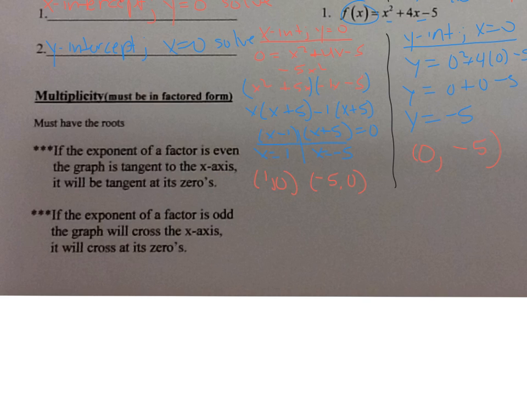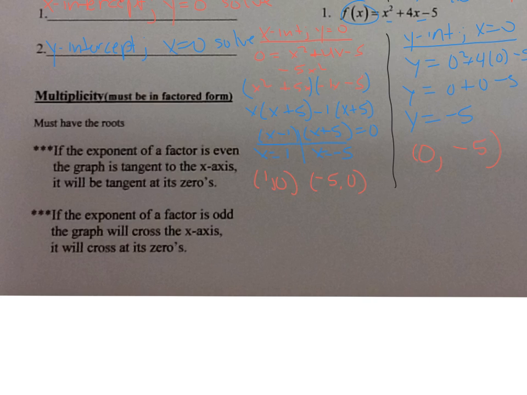So the graph will be tangent to the x-axis at its zeros. That's why you have to have the zeros. If your exponent of a factor is odd, the graph will cross the x-axis. And it will cross the x-axis at its zeros.